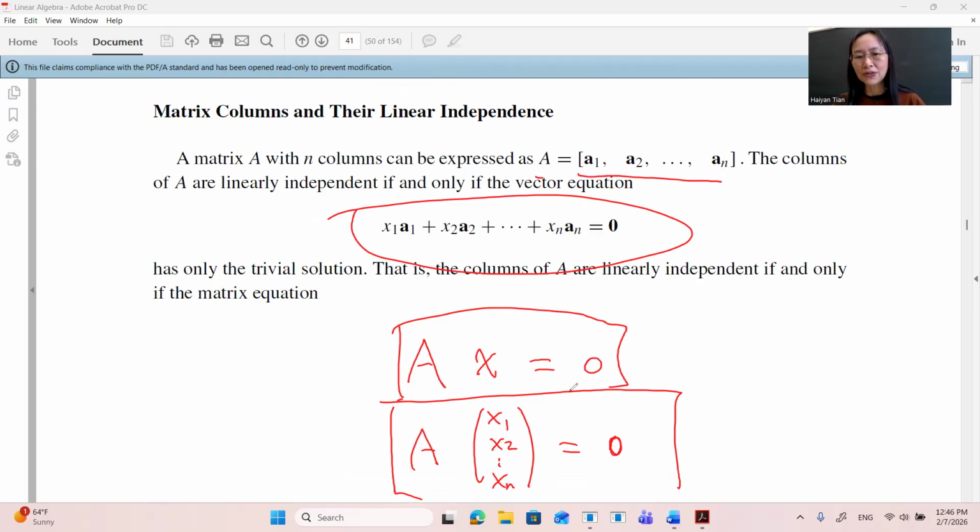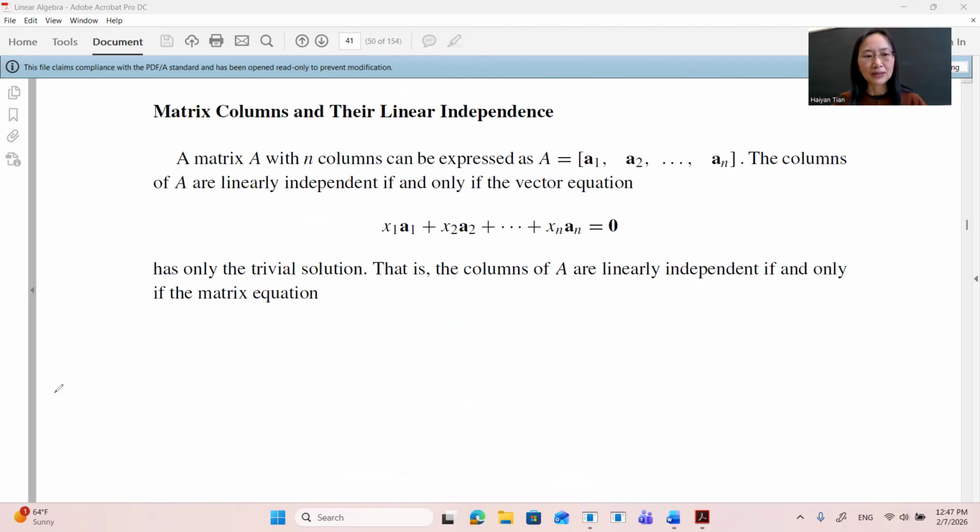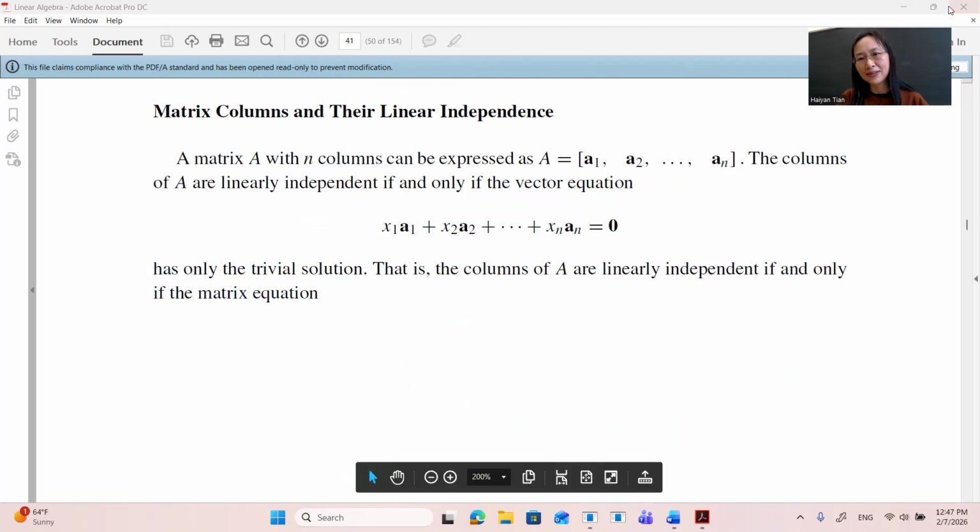As long as you solve this system and discover whether x has only the trivial solution. If x being 0 is the only solution, then that means the columns of the matrix are linearly independent. Otherwise, they're dependent.